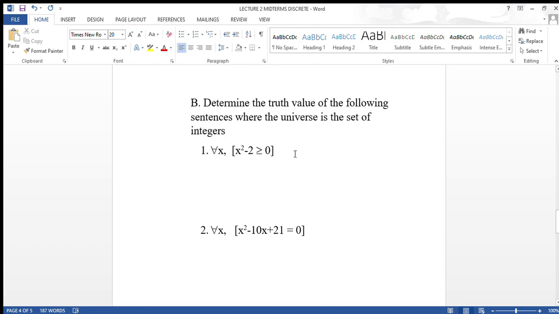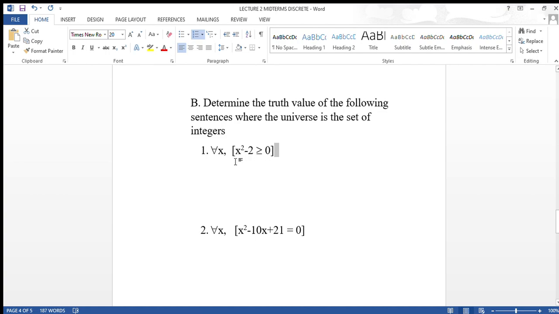So for number 1, for all x, we want to satisfy x squared minus 2 is greater than or equal to 0. For all x, x squared minus 2 must be greater than or equal to 0. Okay, so if you analyze this part carefully, our universe of discourse is the set of integers. So this is for all integers must satisfy this condition.